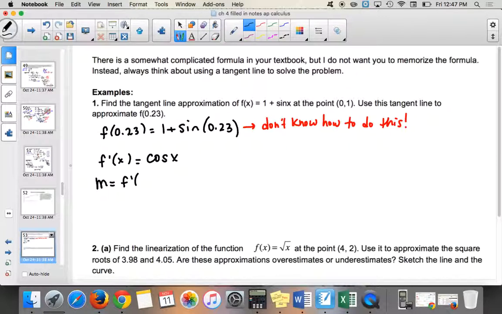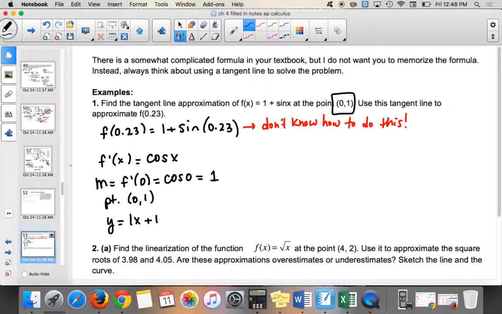What x value is close to 0.23? 0. That's the one we're going to use, and that's what we said, use the point (0, 1). So f prime of 0 is cosine of 0, which is 1. That's our slope, and our point was (0, 1). Putting it together, we get y equals 1x plus 1. That was our y-intercept, (0, 1).